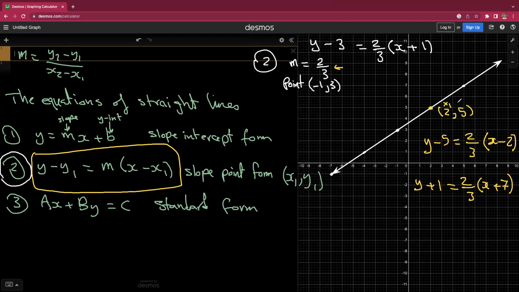That's x1, y1. So I went y minus 5 equals 2/3 x minus 2. The other one I use this point right here. This point is -7 and -1. So I went y minus -1, which became +1, equals 2/3 x minus -7, which became +7. So now, if you followed this, please write me what your equation is.